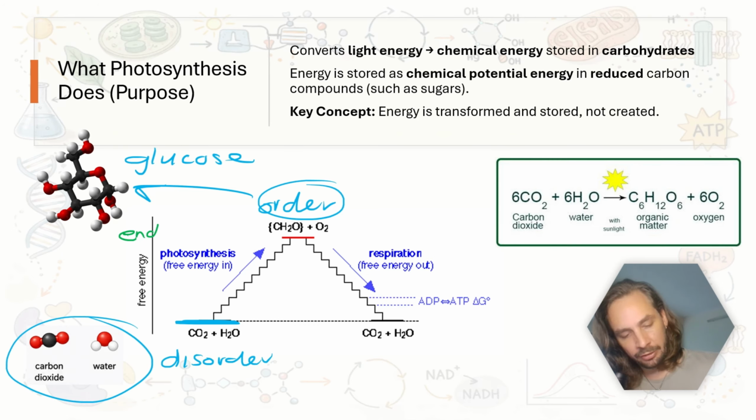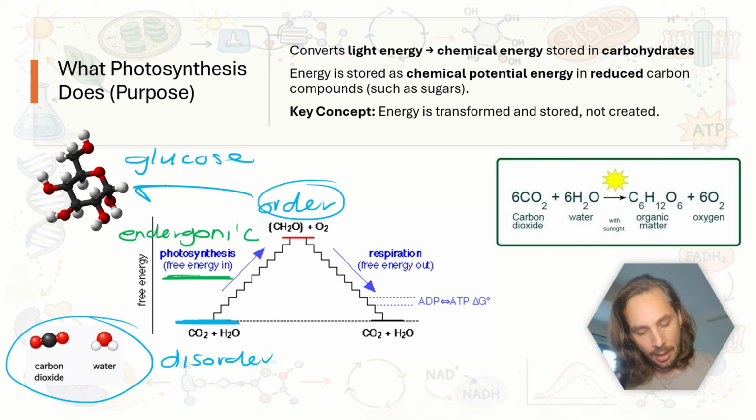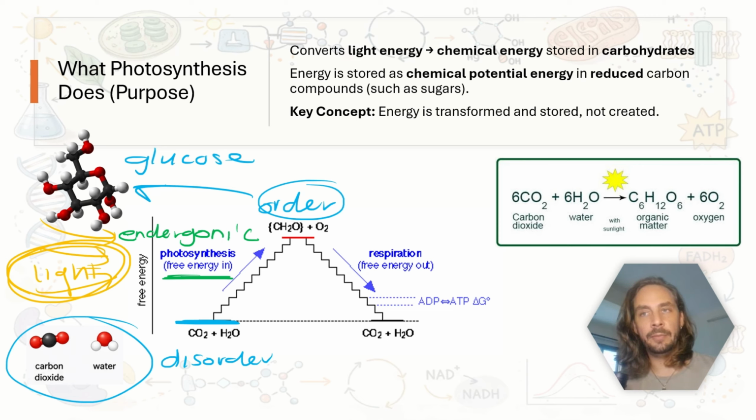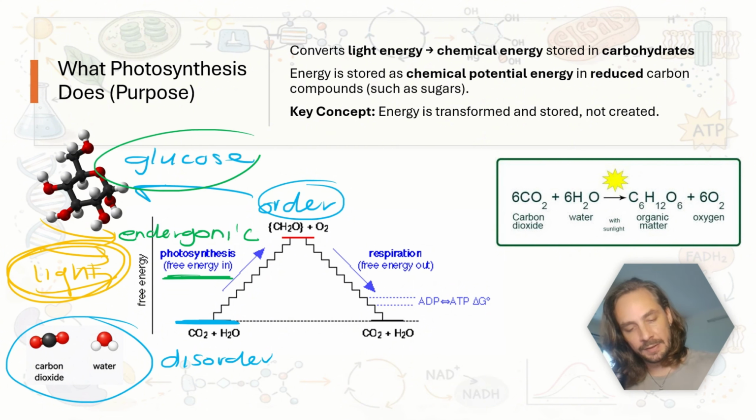Photosynthesis is endergonic, so I need free energy to go in. And we get that energy from light to build these complex structures like glucose.